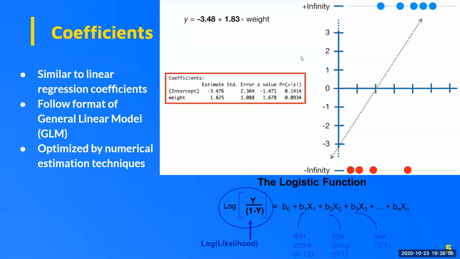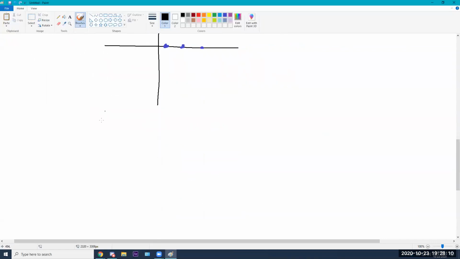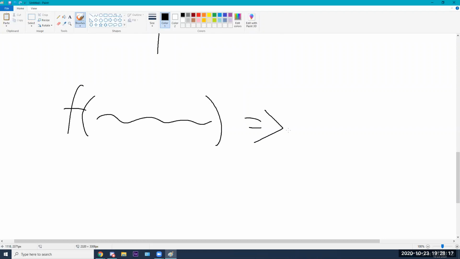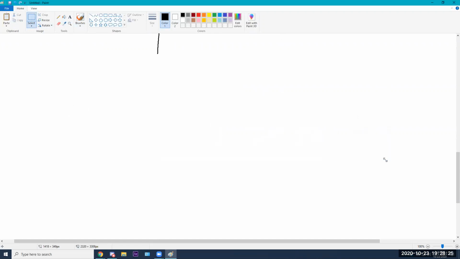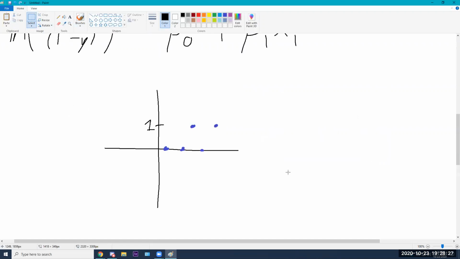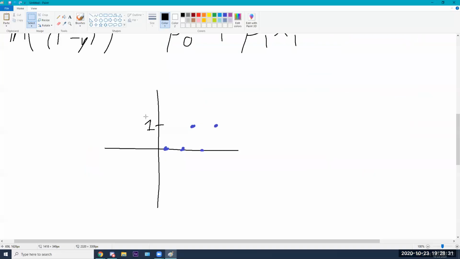Because with linear regression, you could literally just plug in all our data points, and that would give us beta naught and beta 1 values that we could just use as our line of best fit. But here we can't do that, so we're going to have to use basically linear approximation techniques.